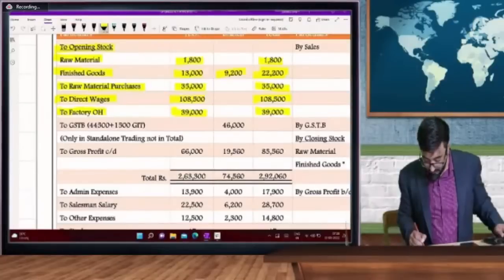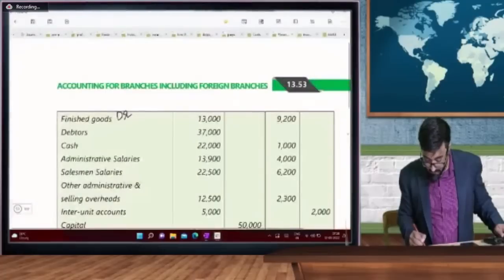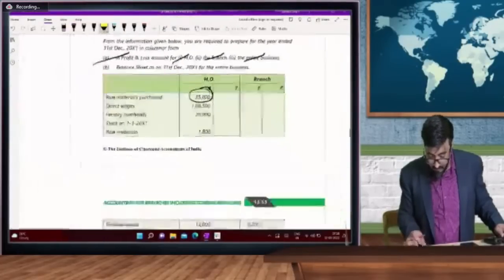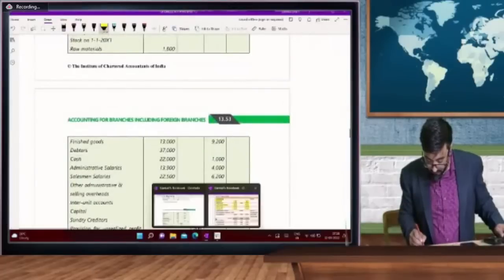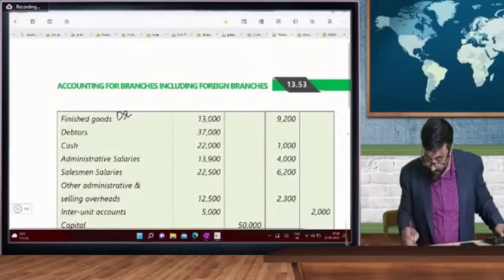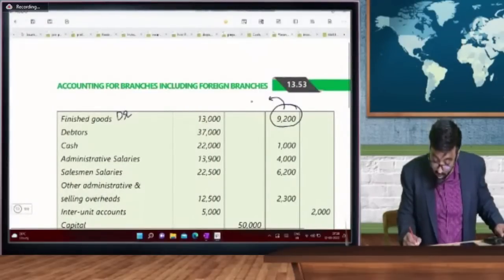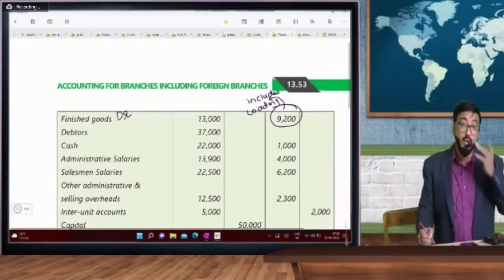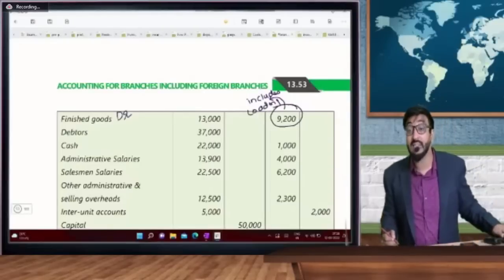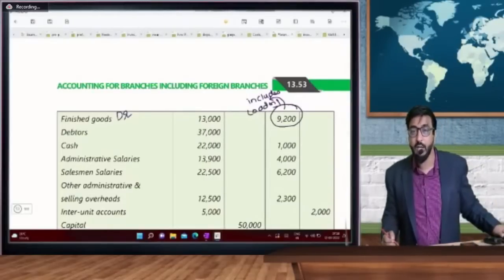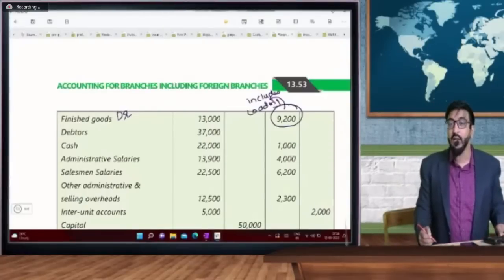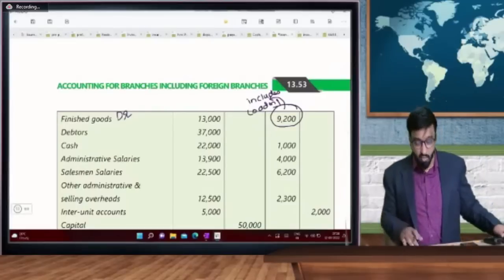See beta, this finished goods 9,200, write down over there, includes loading. Why does it include loading? Because the branch is the recipient, the branch is the son, and HO is the dad. So beta, the son will always include loading if goods are transferred at invoice price. And you can correlate this.